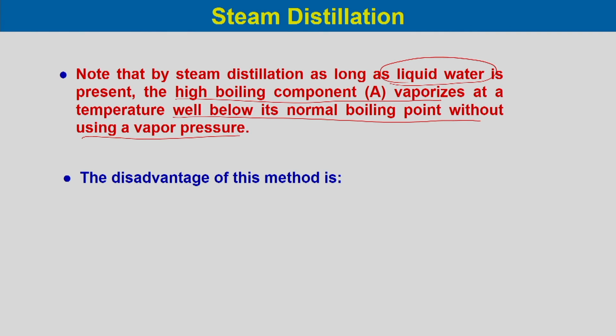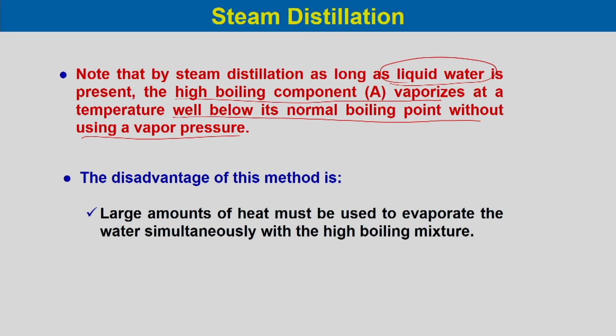The disadvantage of this method is that a large amount of heat must be used to evaporate the water simultaneously with the high boiling mixture, because you need to heat the water as well as the mixture.